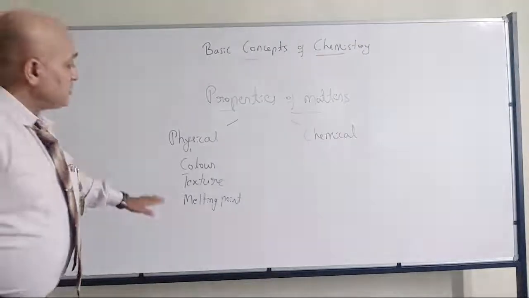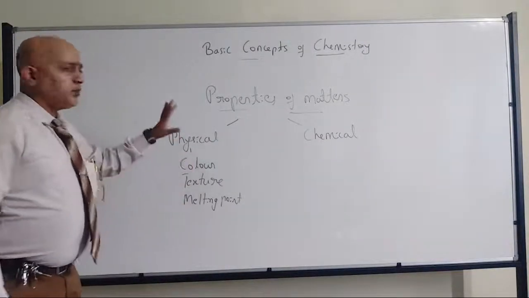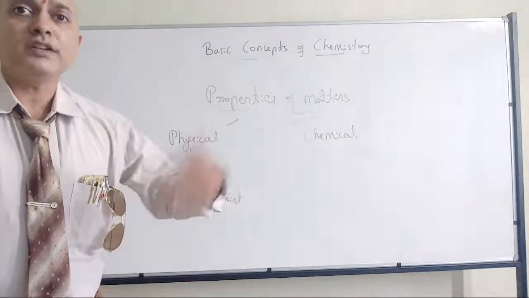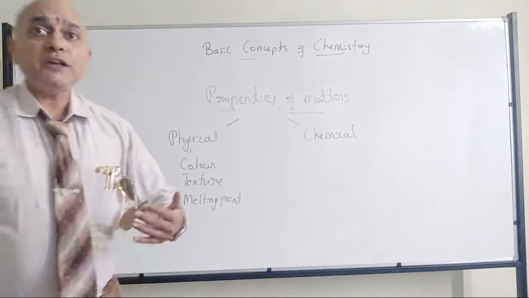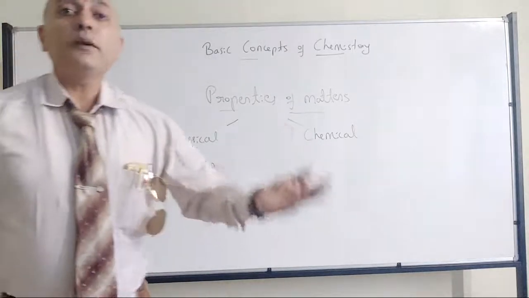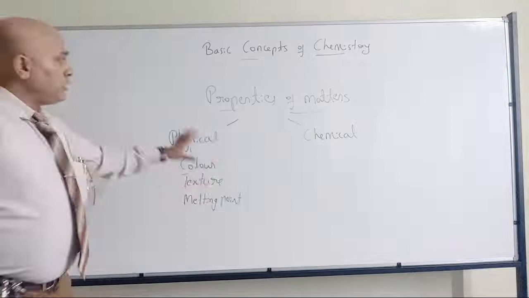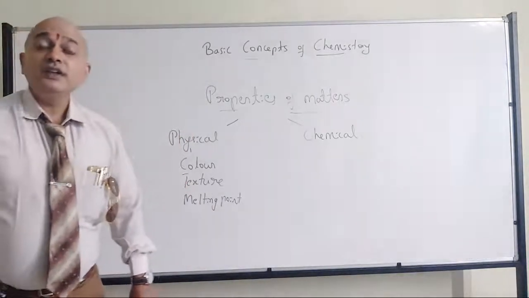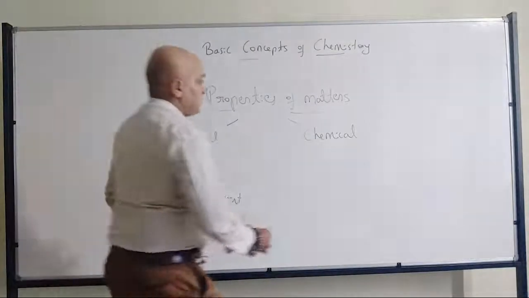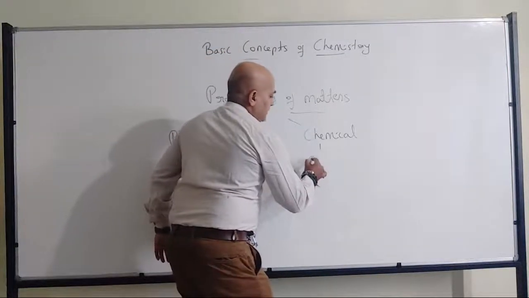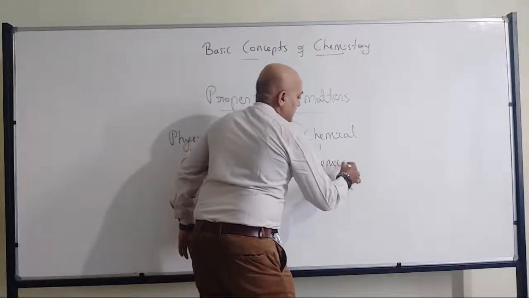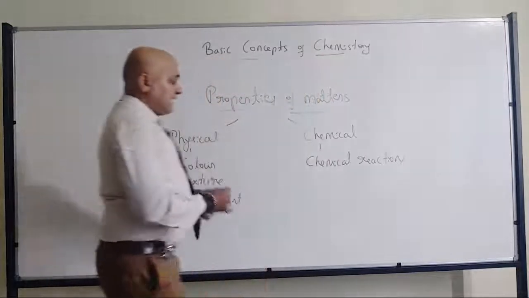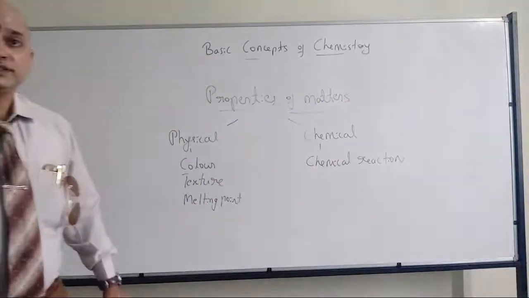That means to study all these things about a matter, there is no requirement of addition of some other molecule or compound. Simply by observation we can tell. Therefore they come under physical properties. But chemical properties are based on chemical reactions.